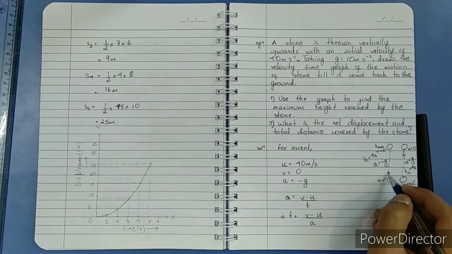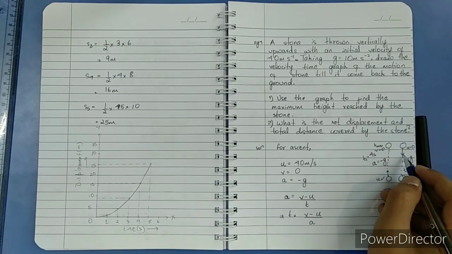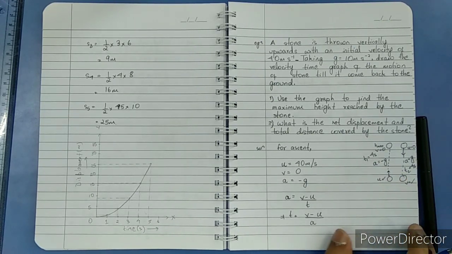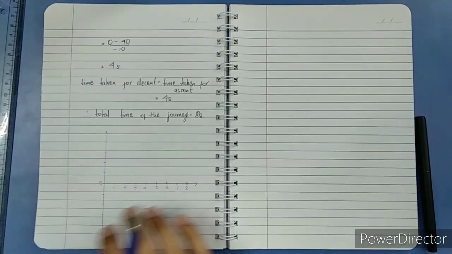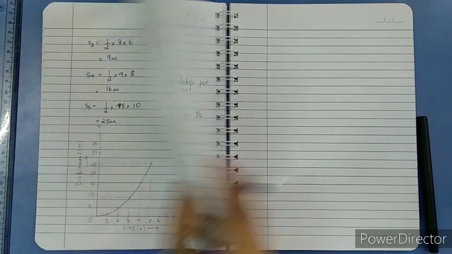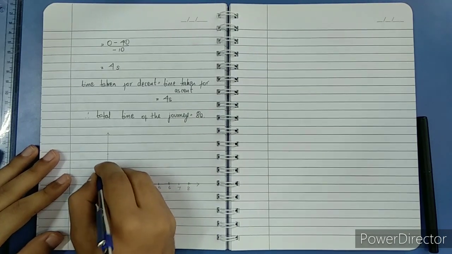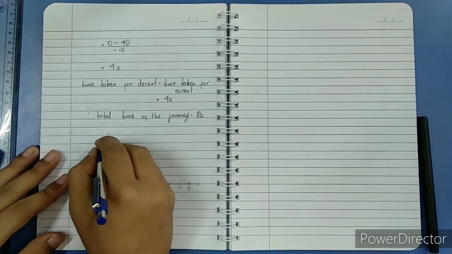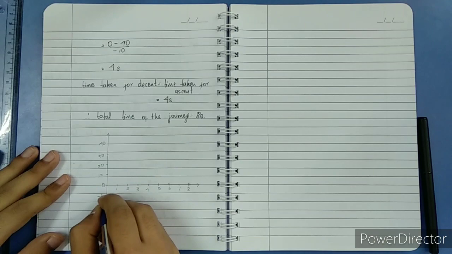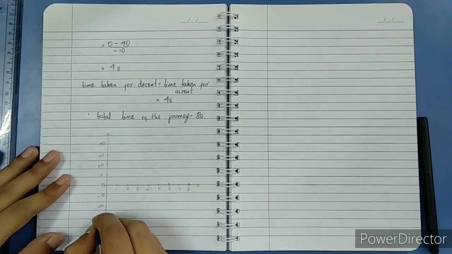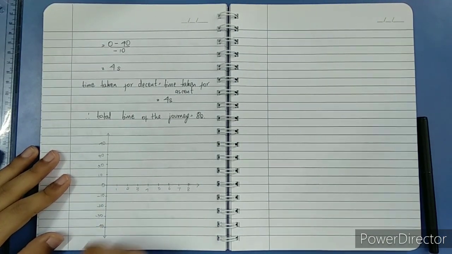So our direction is upwards, but it starts coming downwards. That is why in this opposite direction we take the velocity to be negative. It started with a maximum velocity of 40, so we'll take 10, 20, 30, 40, and here minus 10, minus 20, minus 30, minus 40.